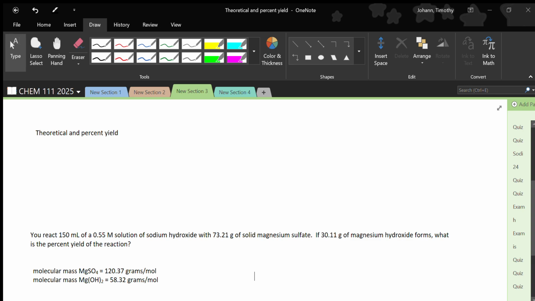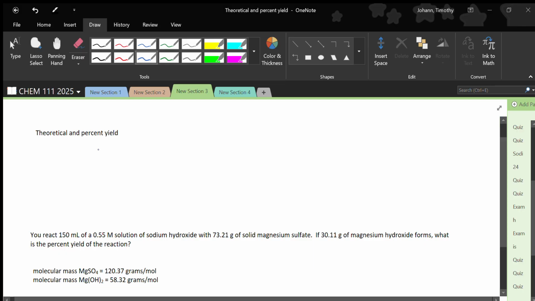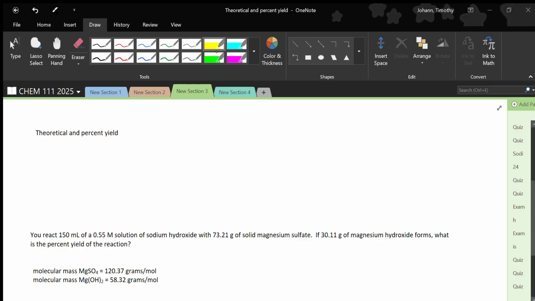So I've got a problem down here. We'll work as an example, and that will hopefully help you to complete those calculations for your lab report. So first off, let's talk about theoretical and percent yield. So we've got two different types of yield here.